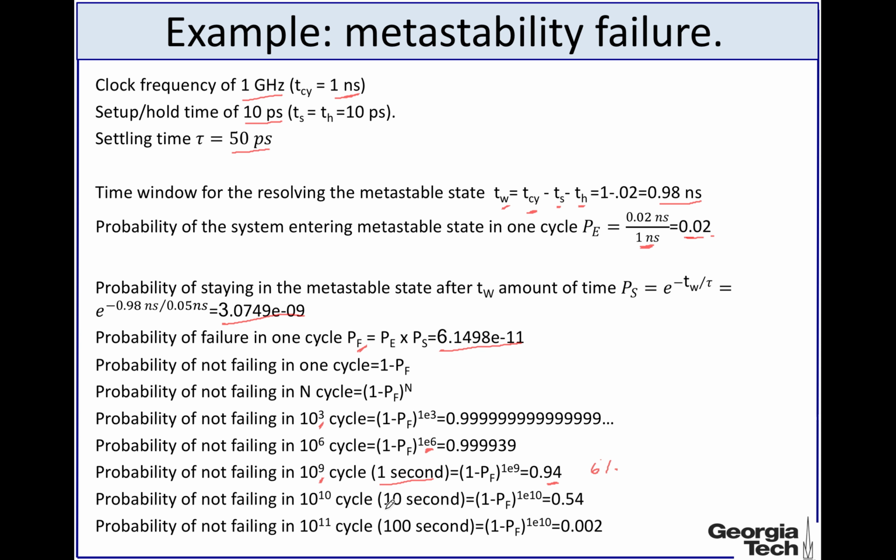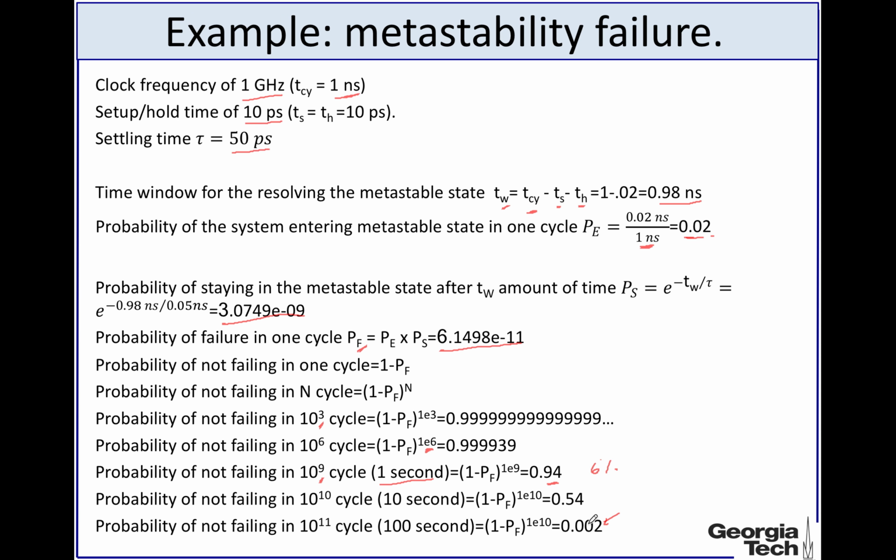But within 10 seconds, or 10 to the power 10 cycles, the probability of failure reaches 50%, and within 10 to the power 11 cycles, which is 100 seconds, the system will definitely fail because the probability of not failing is very close to 0. So in this particular example, the system cannot prevent metastability failures.